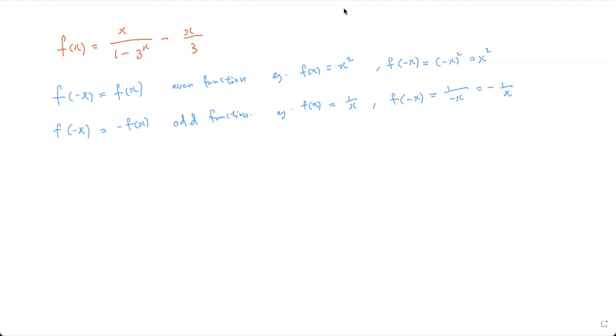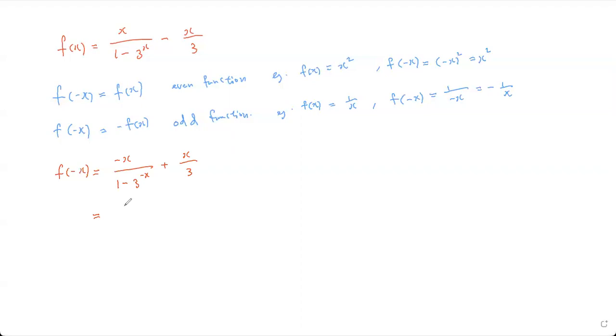How do I prove that this is an even or odd function? Let's replace x with negative x and see where that leads. When I replace x with negative x, I will get this function, and this will become a plus. Let's simplify this a little bit.